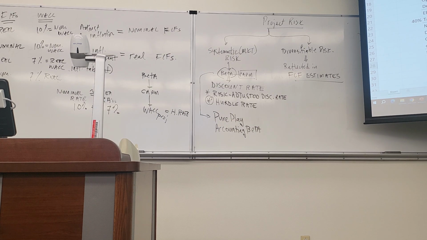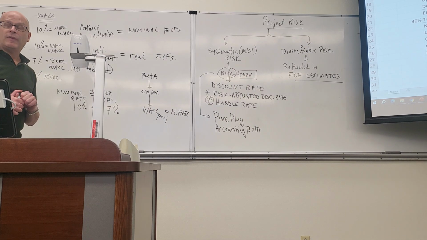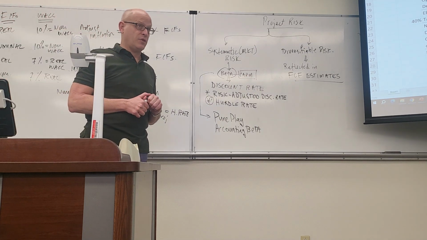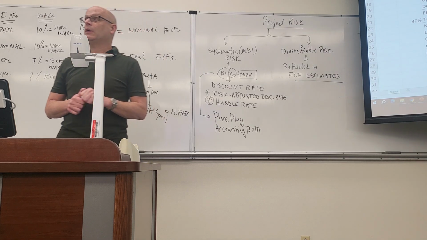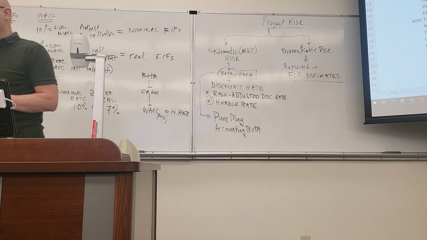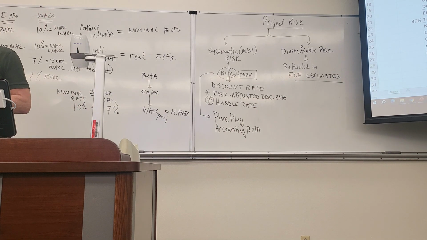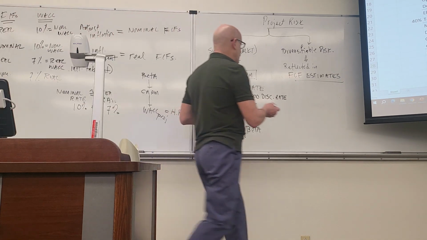So you've got these two ways of looking at this. If I'm adjusting my discount rate, I'm implicitly saying that risk I can't diversify away, it's systematic. If I say the risk that I'm exposed to is diversifiable, I have to adjust my cash flows to account for it. If I do that, I've got several approaches.